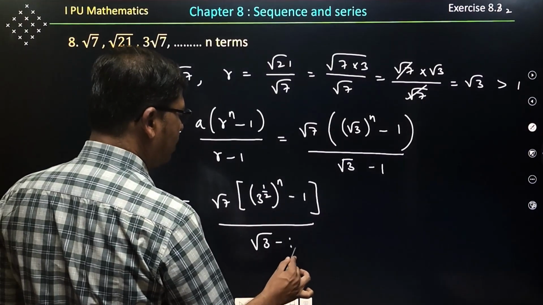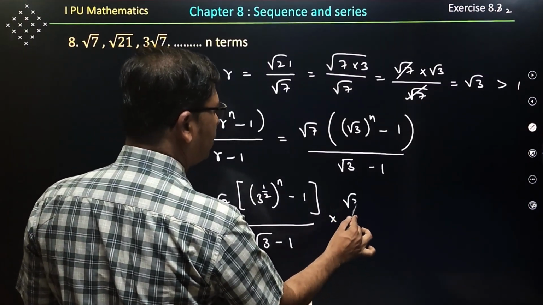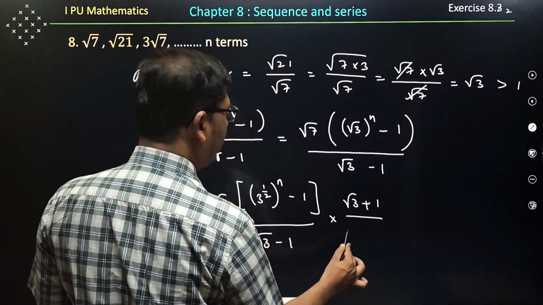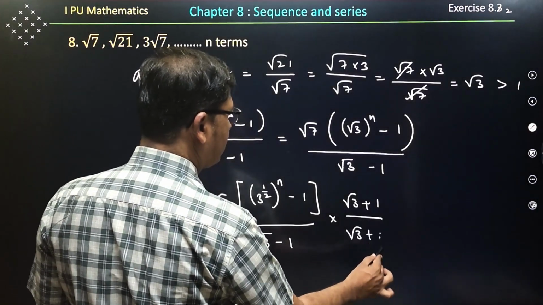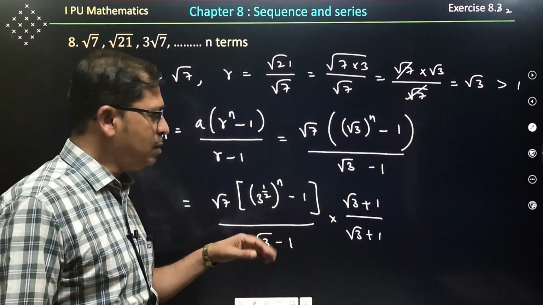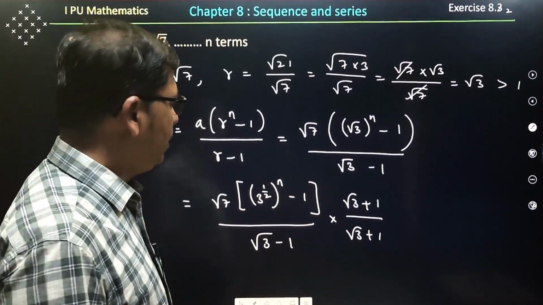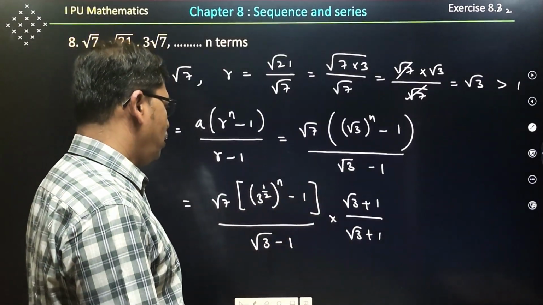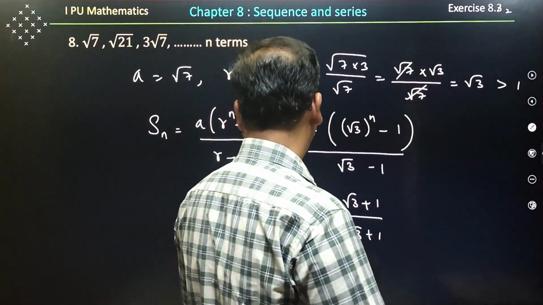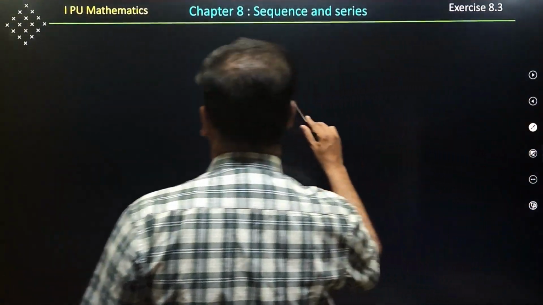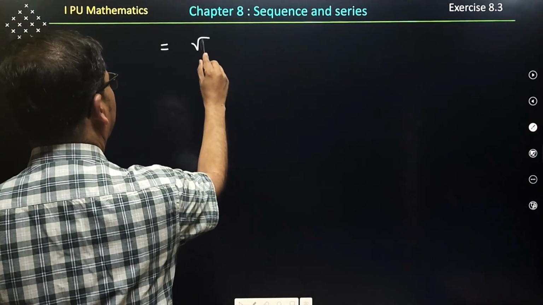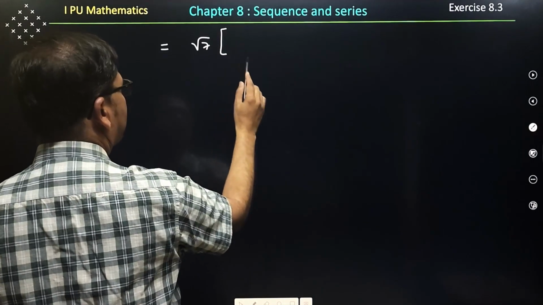You rationalize the denominator, so multiply by root 3 plus 1 and then divide by root 3 plus 1. This is the rationalizing factor of root 3 minus 1. You change the sign, multiply and divide by the same term here. So numerator is root 7 into bracket. Please concentrate here.